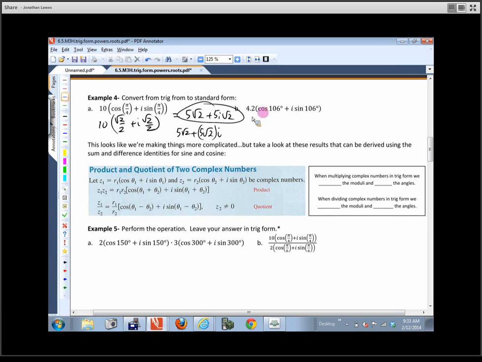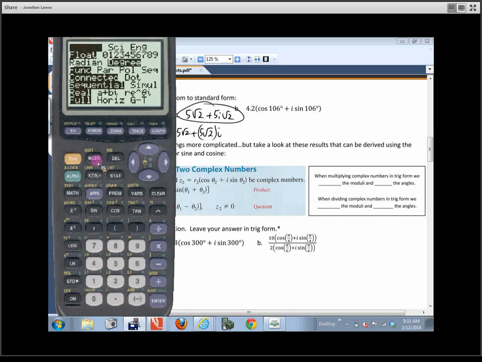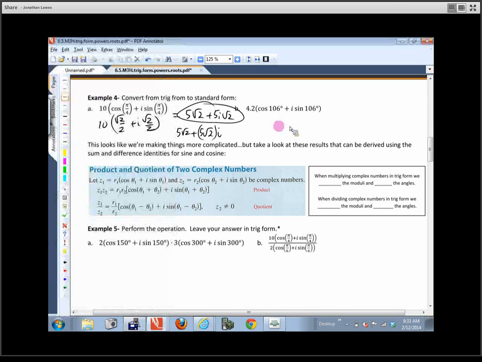Any chance of doing this one without a calculator? No chance. So what we're going to do on this one is I'm going to do this. Okay, and remember that nice deep recall command on your calculator? I'm going to make sure I'm in degree mode, and then I'm going to type in 4.2 cosine 106. I get negative 1.157.